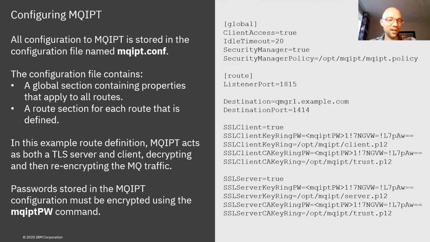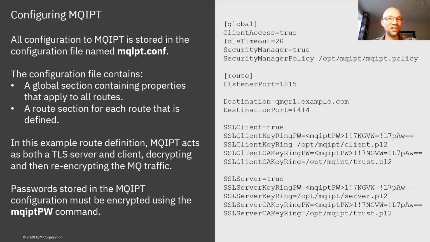So if a connection needs to go to a certain queue manager, then that connection will probably need to come into a certain port on MQIPT, be associated with a certain route at that point, and then go on to that certain destination that's associated with the route.